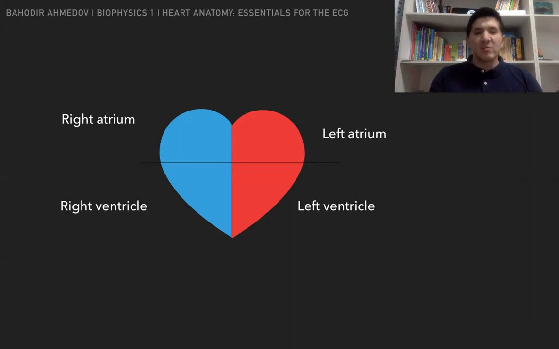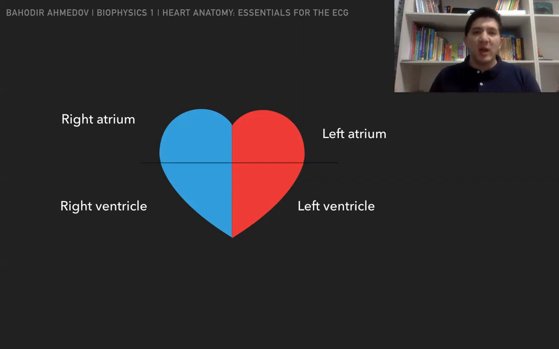Let's try to understand how the heart actually works. Usually the atrium contracts, then the ventricle contracts, and then it relaxes. Contracts, then relaxes. This happens because of the complicated electric charge conduction system of the heart.